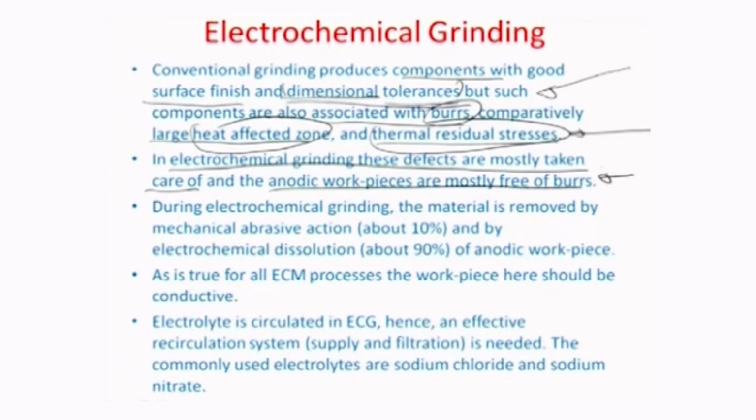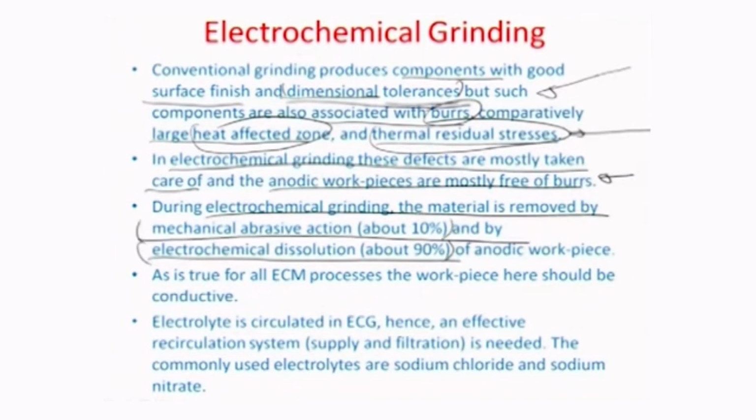So, during electrochemical grinding, the material is removed mostly, as I told you, by electrochemical dissolution, which is about 90% of the overall material, and then a little bit by mechanical abrasive action, which is only about 10% of the material removal.